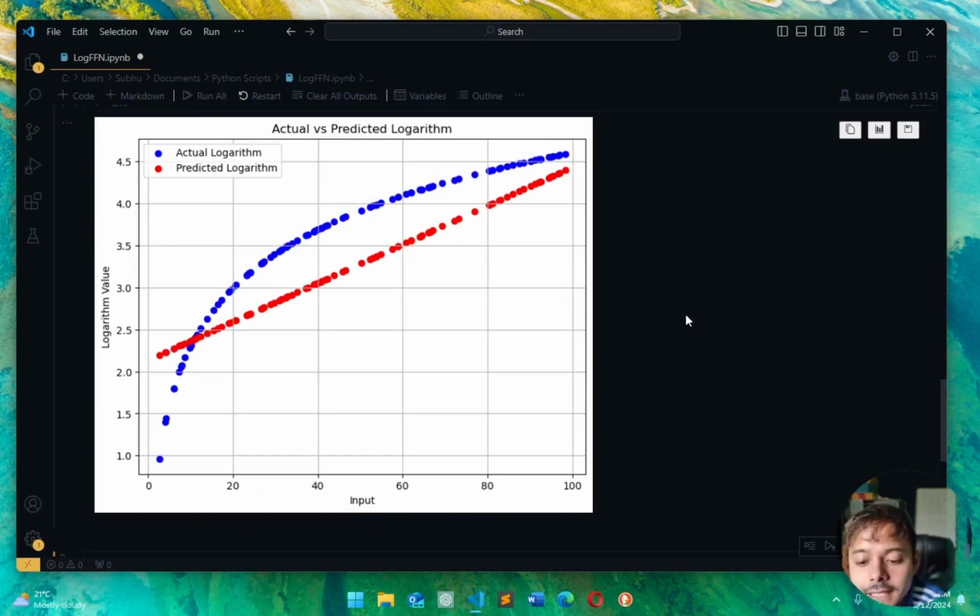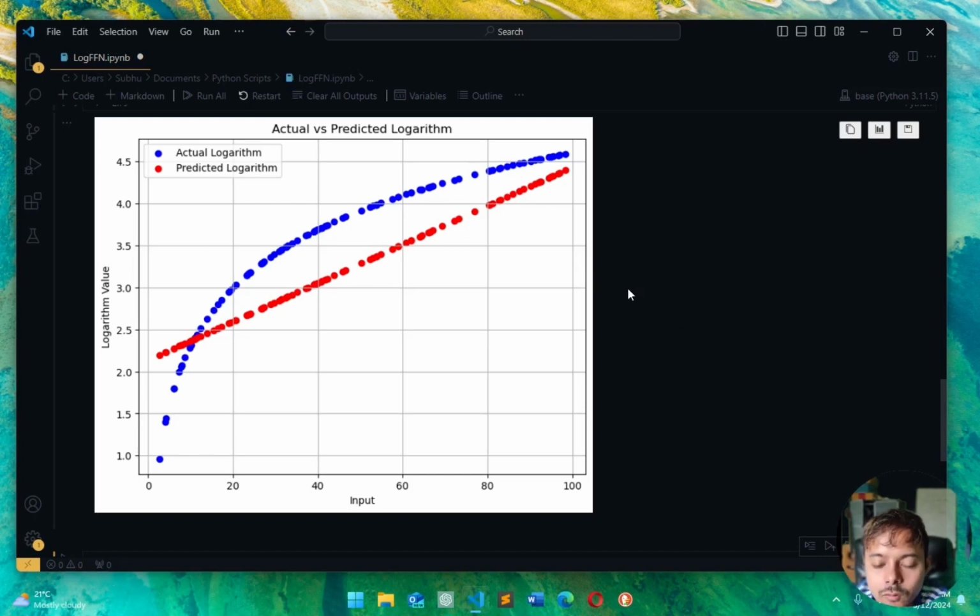What we can see here is our model is unable to fit a curve. It is still fitting a straight line. So we can conclude that increasing the hidden size didn't help the model fit the curve. It is fitting a straight line.